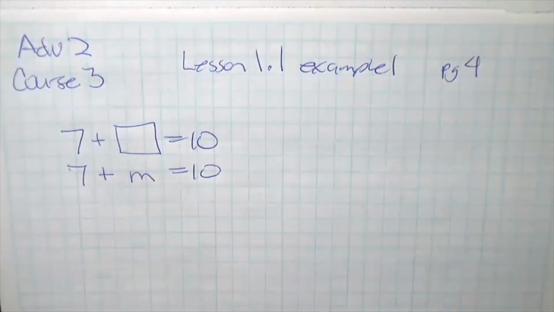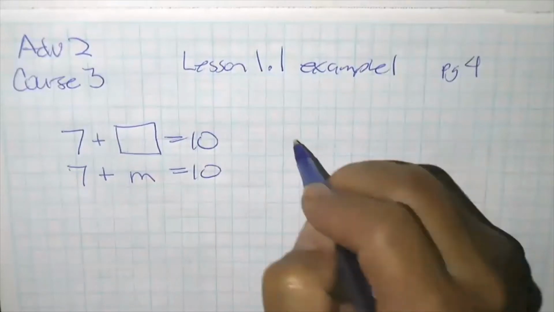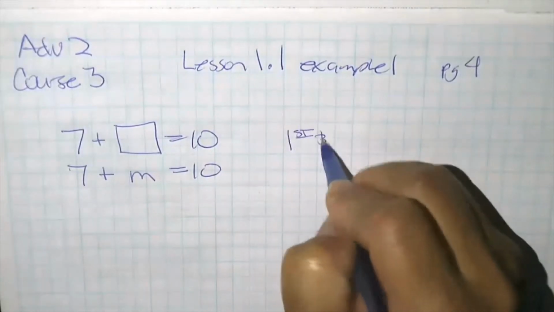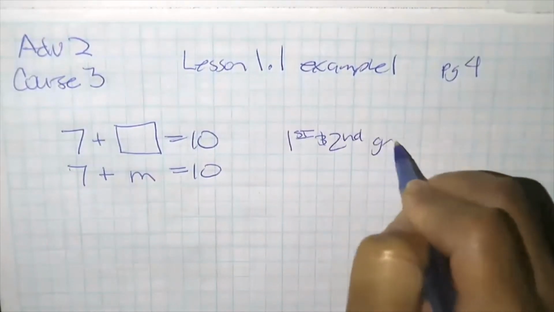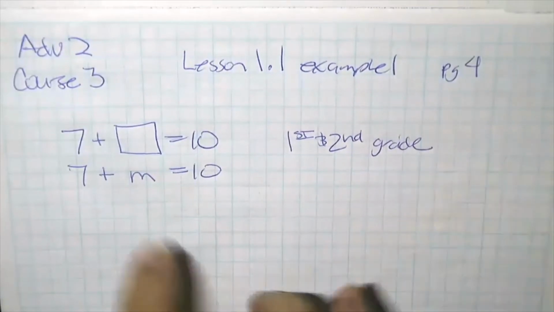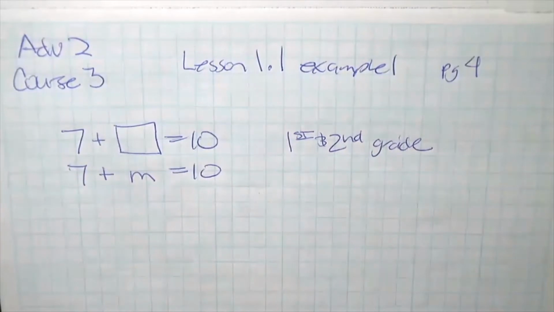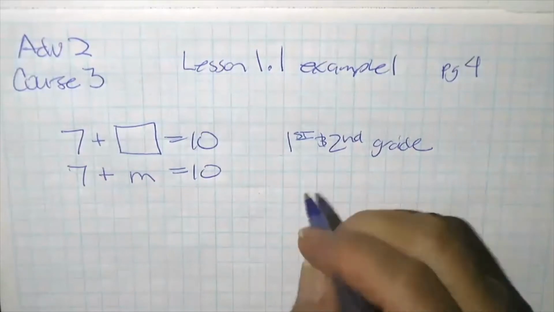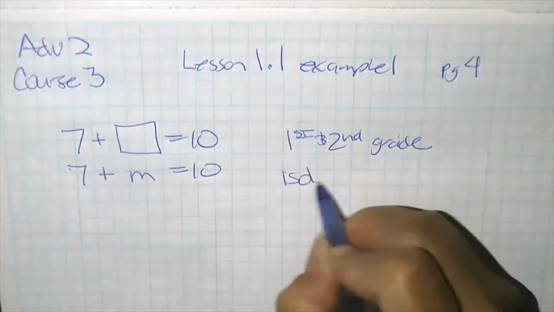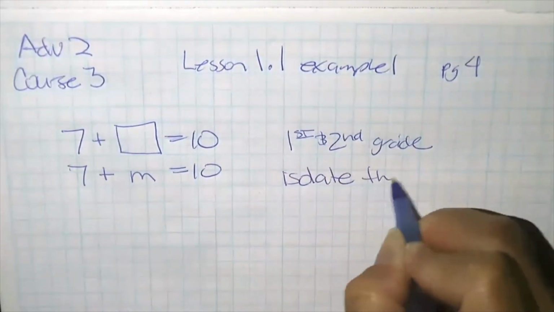So this is what it looked like in 1st and 2nd grade. This is what it looks like in pre-algebra, and let's figure out what's going on so we can apply that to more advanced problems. The first thing we want to do is isolate the variable.